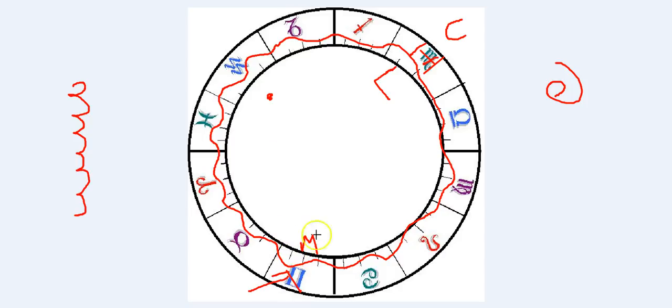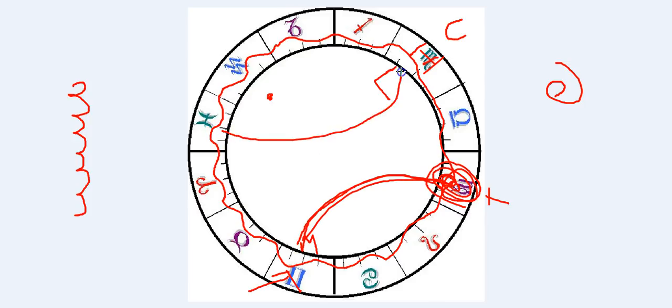Mercury. Red Mercury in Gemini. Black Mercury in Virgo. Earth here. Mutable. Both of these are mutable. He rules the mutable cross with Jupiter. So, these two are mutable.